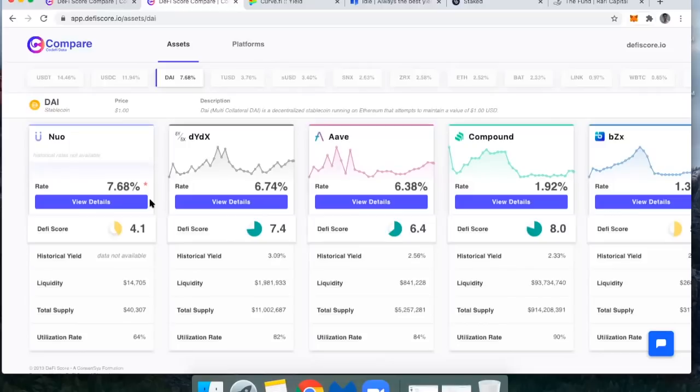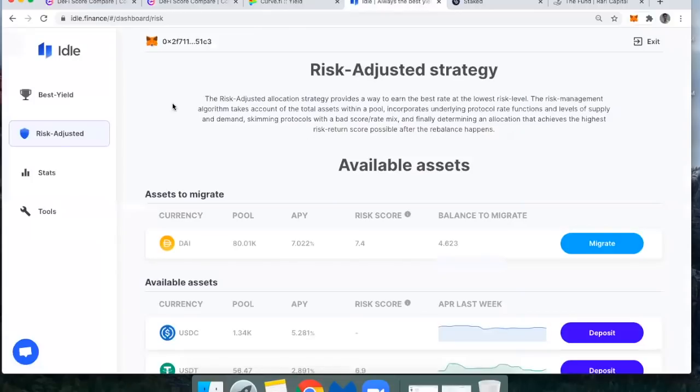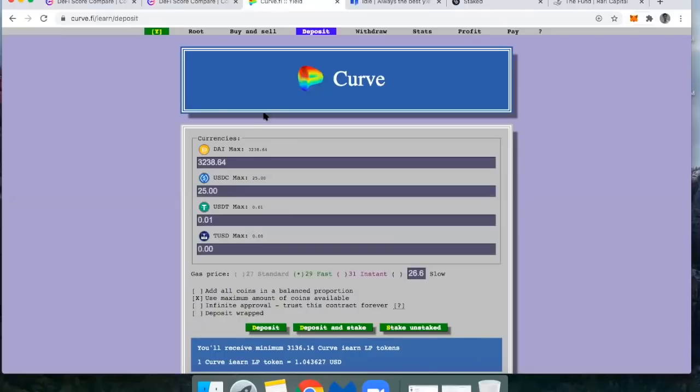There's actually a hack to this called a yield bouncer, and I'm going to talk you through this today with IDLE.FINANCE. I'm also going to remind you of how I use Curve. One of the pools, specifically the Y pool, uses a yield bouncing strategy on top of the fact that there are market making fees.